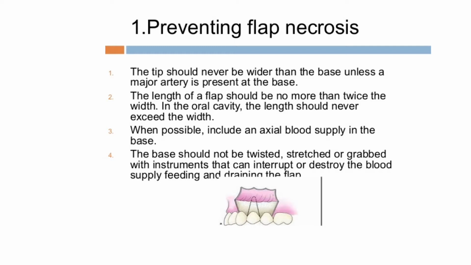In the oral cavity, the length should never exceed the width of the flap. Third, when possible, include an axial blood supply in the base. And the fourth principle is the base should not be twisted, stretched or grabbed with instruments that can interrupt or destroy the blood supply feeding and draining the flap.